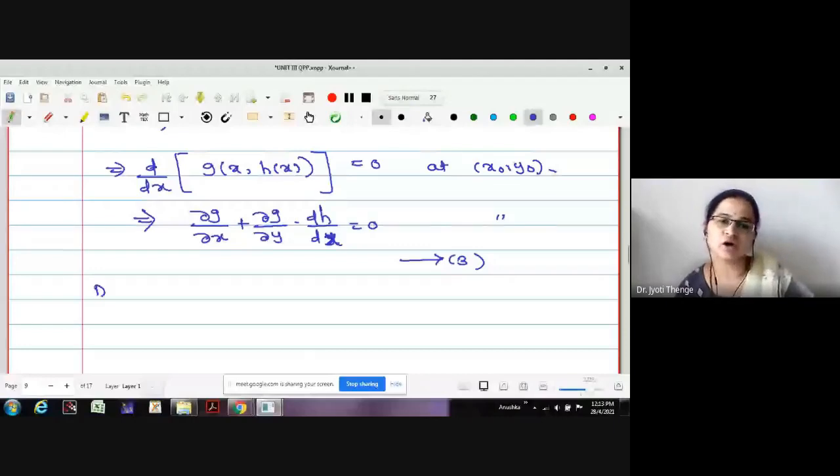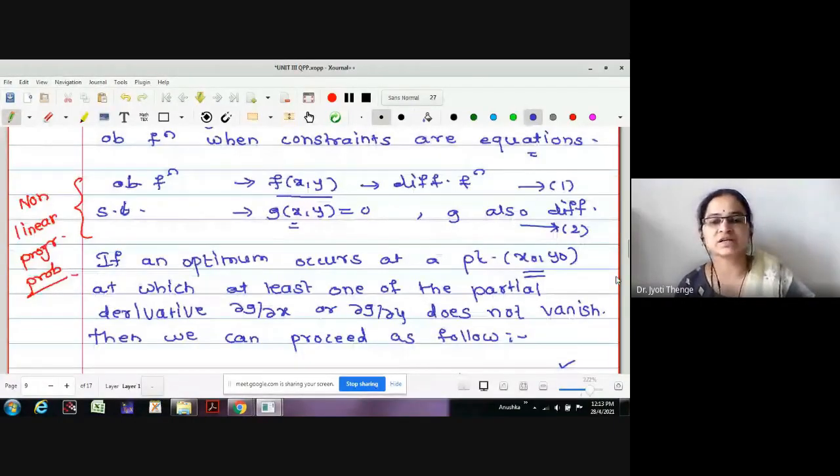Now, as we are considering the optimum occurs at the point x naught y naught, what does the first necessary condition for the optimization tell us? The first derivative of this function is 0 at the point x naught y naught, d by dx.